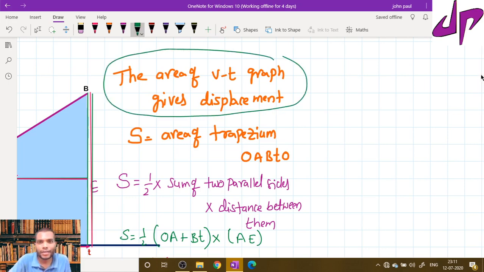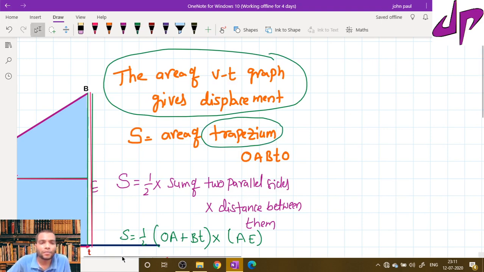Just like we did in the second equation of motion, here we derive the area, but in this case the area of a trapezium: half times the sum of the two parallel sides times the distance between them.